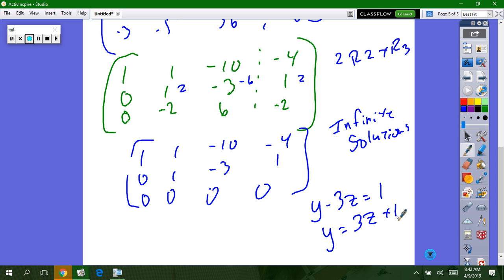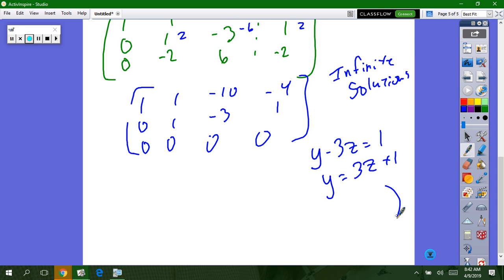Right? So we there with me? So who is our dependent variable in this case? Y is dependent on z. So our solution so far will be z, and for y, 3z plus 1.